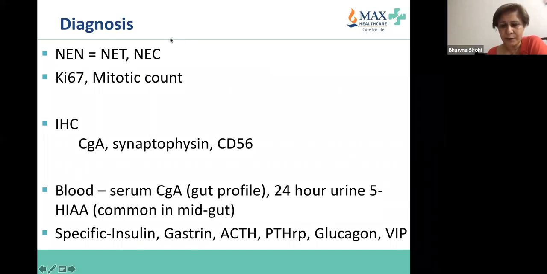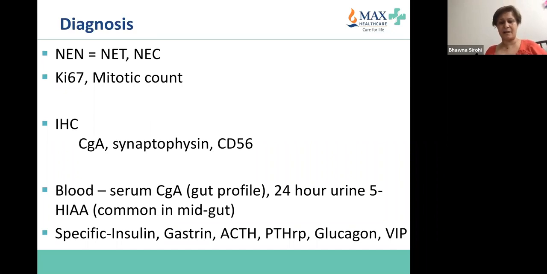24-hour urine 5-HIAA is also important, usually raised in midgut tumors. But I do it as a baseline in most patients with neuroendocrine, because it then, like you do CEA levels, CA 19.9 levels in other GI cancers, it helps you follow up the patient better, because doing frequent scans is not right, especially when you've operated on the patient and you want something to follow up the patient.